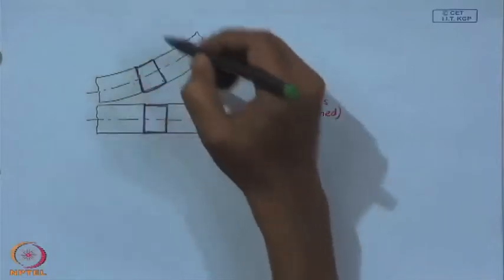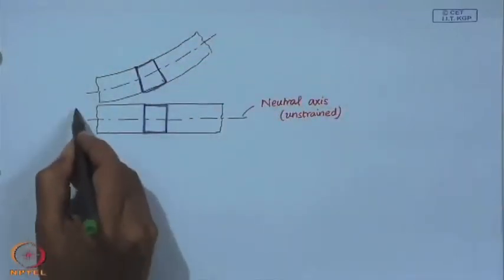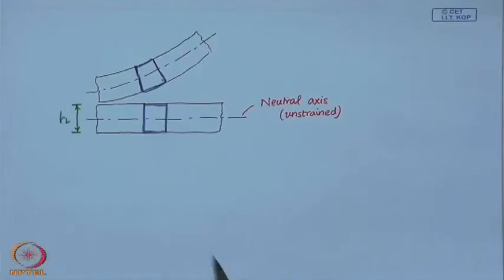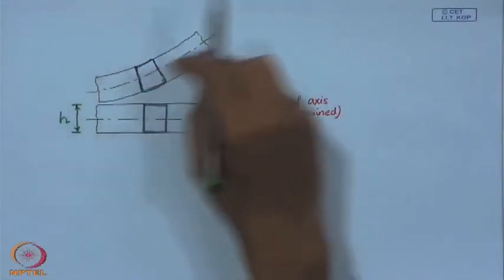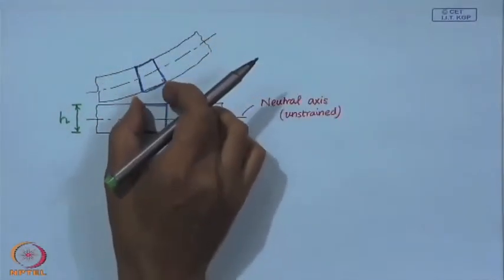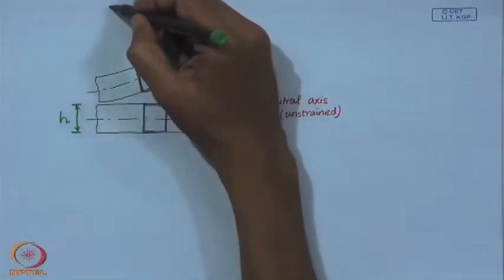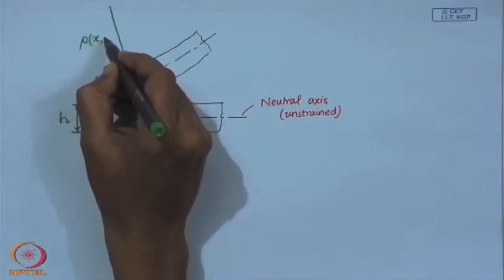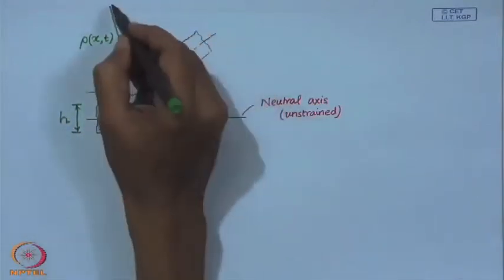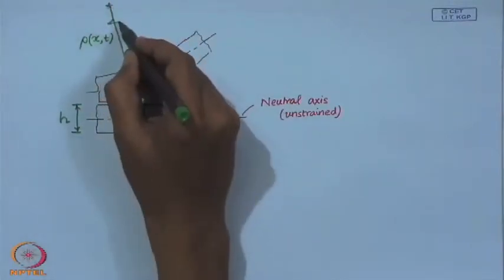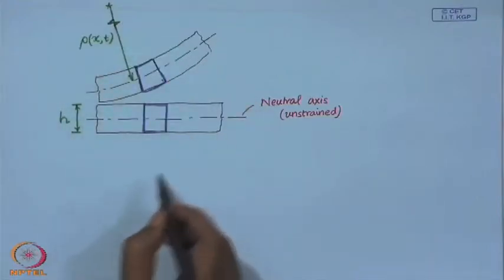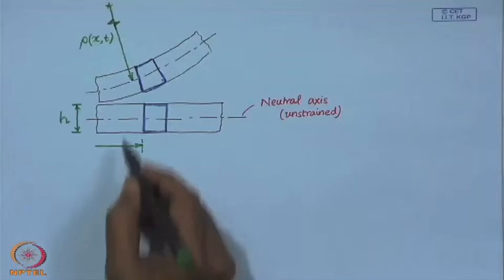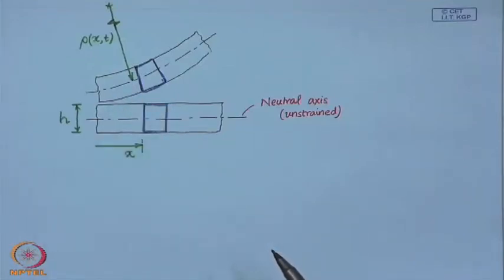Let the depth of this beam or height of the beam be denoted by h, and once this beam deforms, let us assume that the radius of curvature at this point, at x at time t, is rho of x and t.